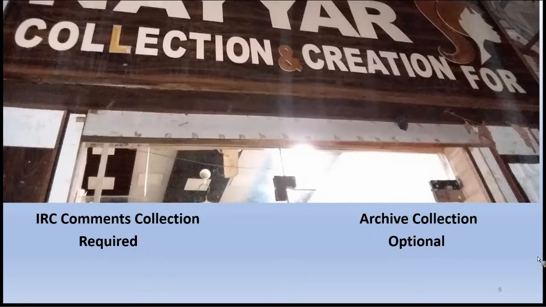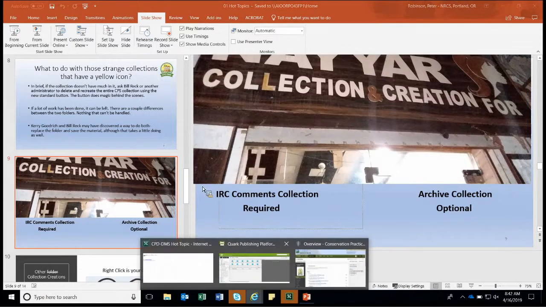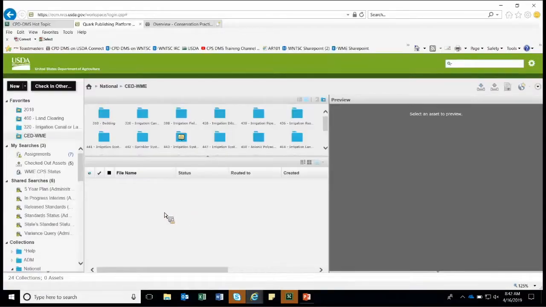Now, you may ask, why wasn't this done already? Why isn't this done automatically? We're going to ask the contractors in the next version to do this automatically, but for the time being, it's not. So I'm going to get out of my slideshow for a second and bring you up to the tool, the DMS, and just show you what I'm talking about.